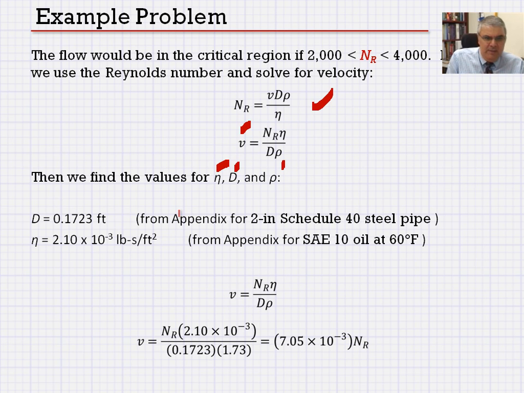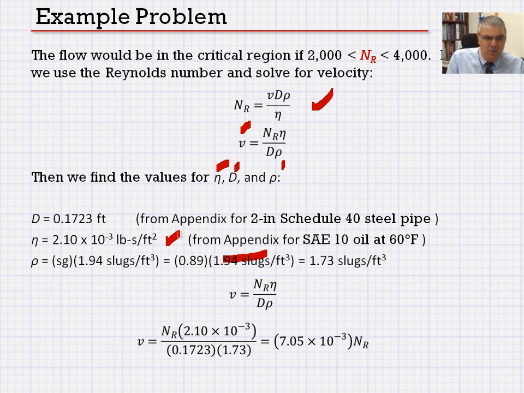For the oil, we can look at the appendix and calculate this number for SAE10 oil at 60 degrees. And rho, of course, we already know how to calculate: specific gravity times 1.94 slugs per cubic feet. That would be 1.73.